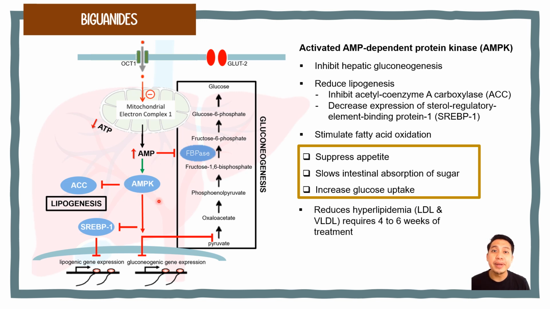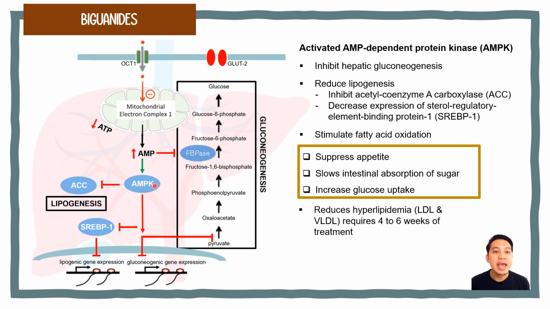Activation of the hepatic AMPK results in the phosphorylation and inhibition of acetyl coenzyme A carboxylase, known as ACC. This ACC is important in catalyzing the rate-limiting step of lipogenesis. Thus, it will block fatty acid synthesis and promote fatty acid oxidation.